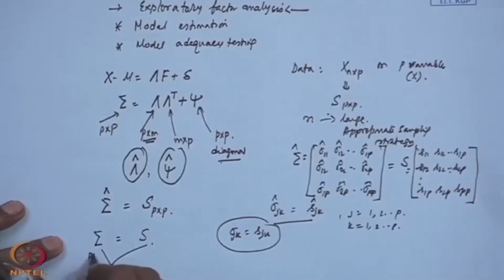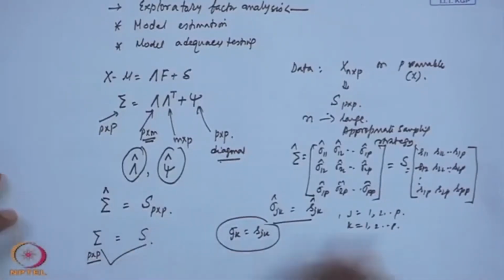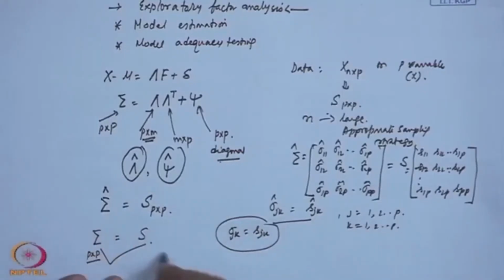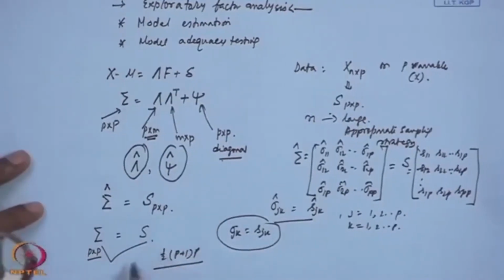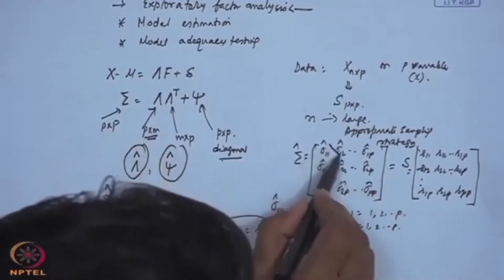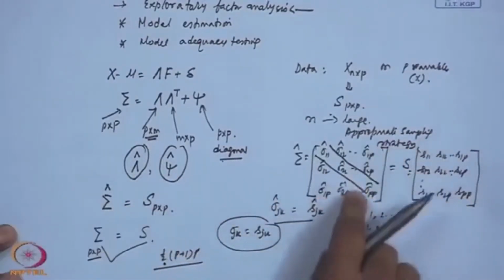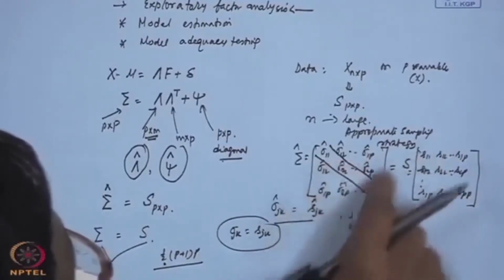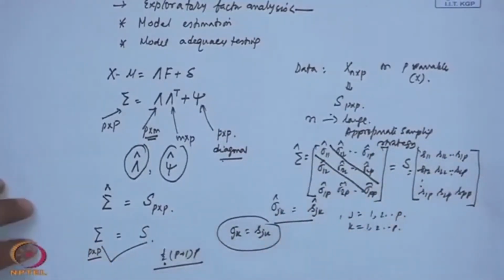So we have P cross P matrix here, and the number of estimating parameters will be half into P into P plus 1. This many parameters, because if you see the structure here, this portion is mirror image of this.